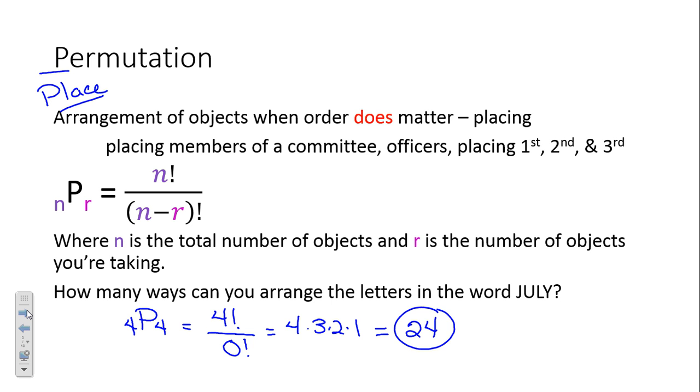The n and the r will be different, absolutely. This is just our first example. When they're saying rearrange letters and those letters are unique, like July, with no repeats, it's just going to be however many letters there are factorial, because we're using all the letters and dividing by 0 factorial. So far so good?